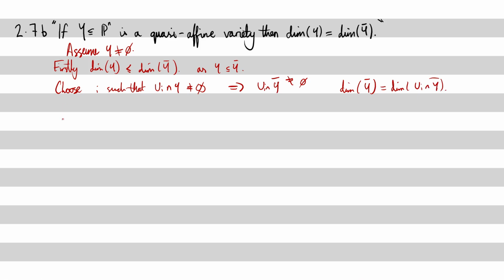Next, phi_i from U_i to affine n space is a homeomorphism, so it preserves closures.